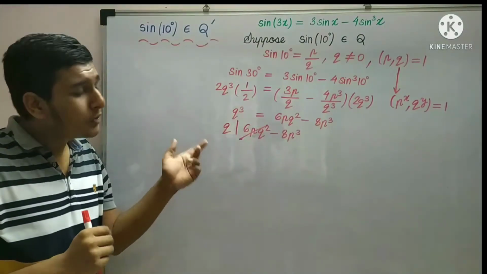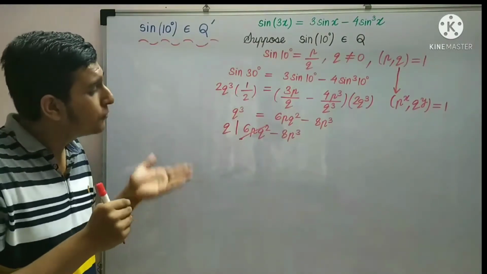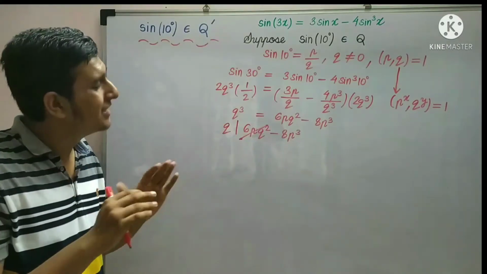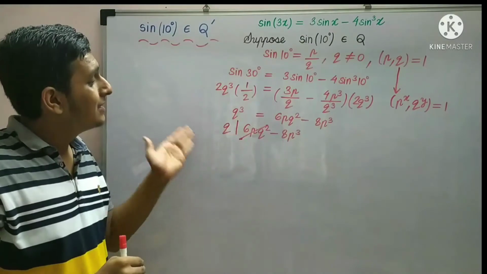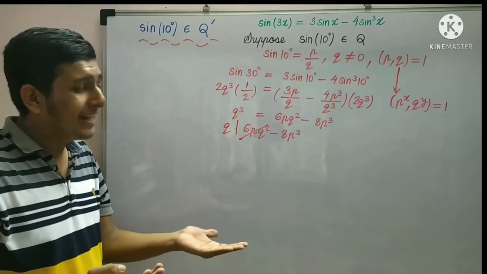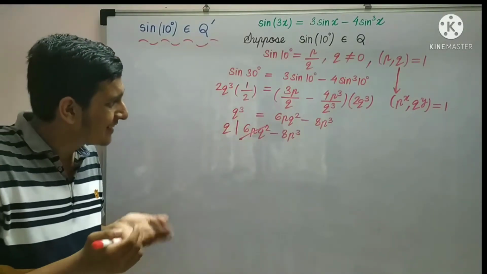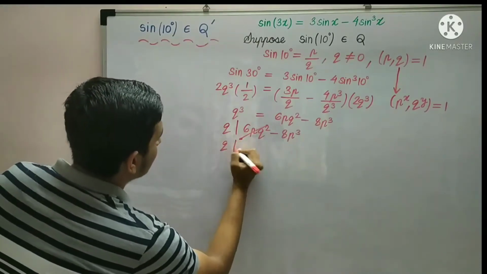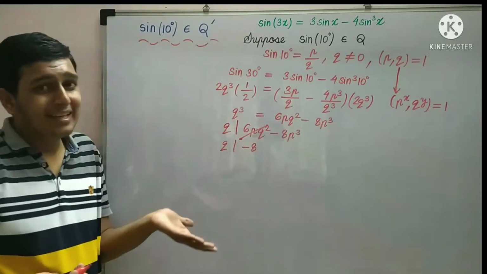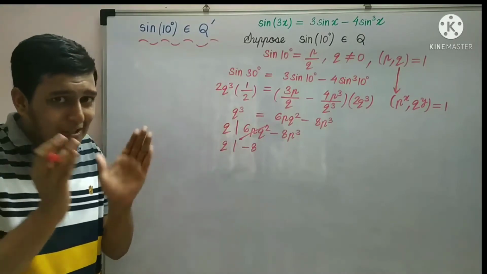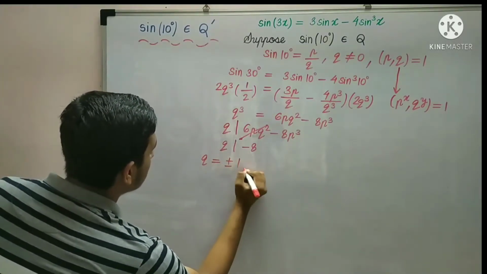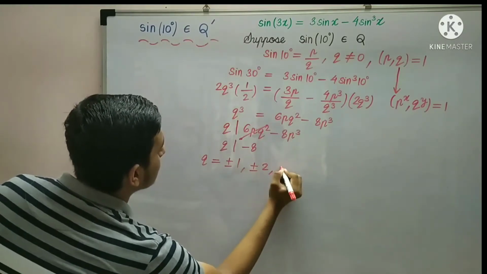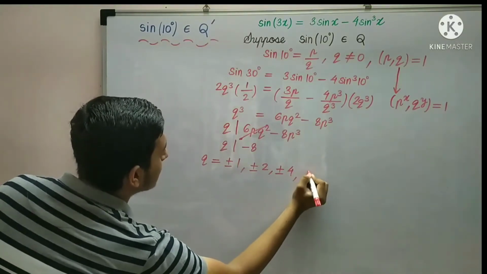So the only source of factors of q for minus 8p cubed to be a multiple of q, we need to hope that q divides minus 8. If that is the case, then the only values it can acquire are as follows. Plus minus 1, plus minus 2, plus minus 4, lastly plus minus 8.